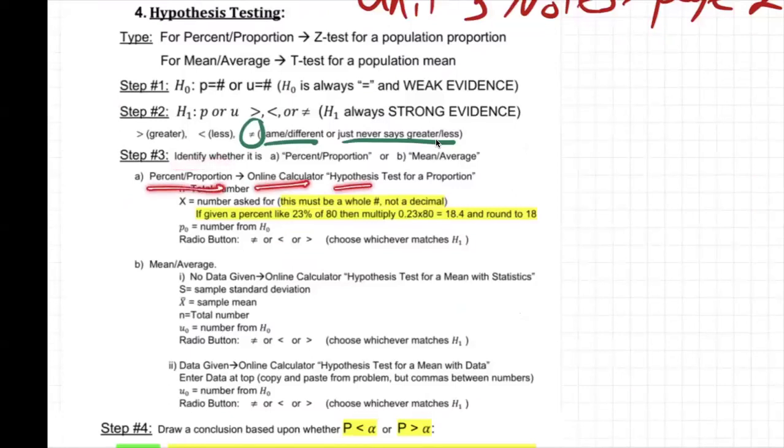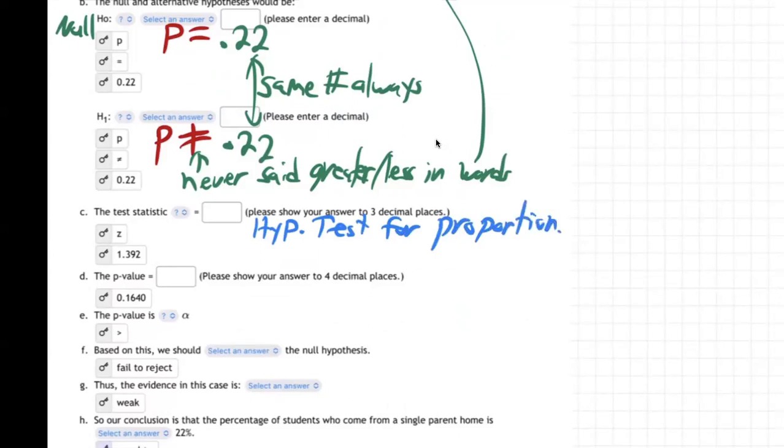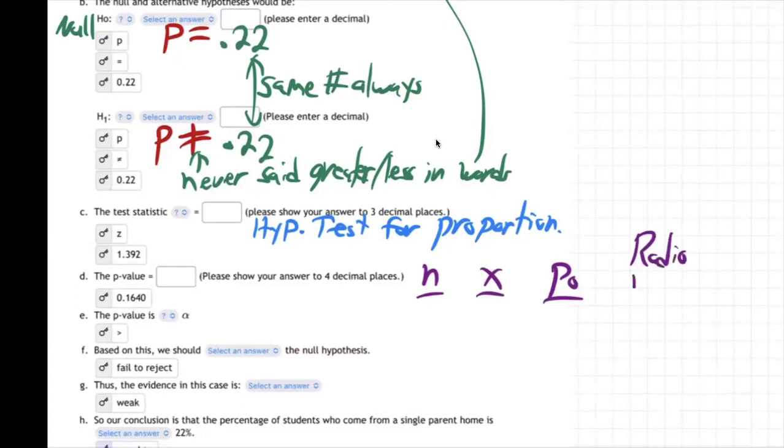Go to the online calculator, hypothesis test for a proportion. And we're going to have N, X, P0, and the radio button. So I'll just write that out for us: hypothesis test for a proportion, and we're going to have N, X, P0, and the radio button.